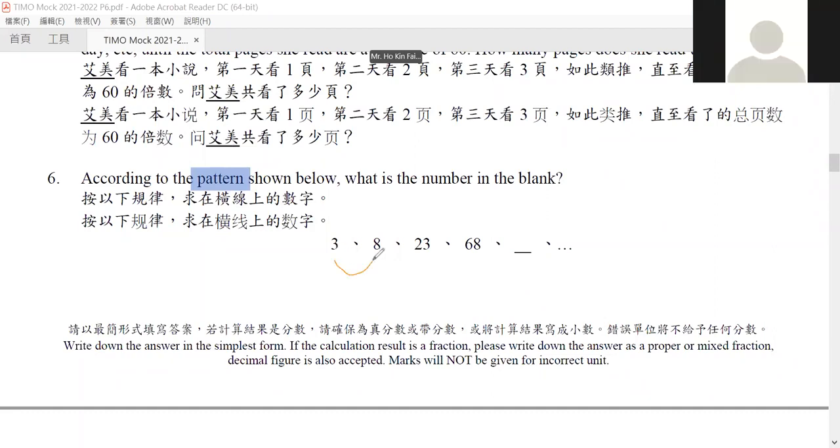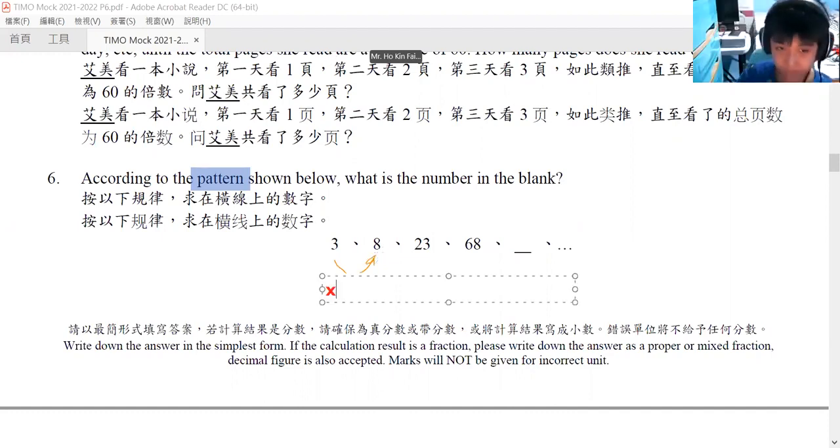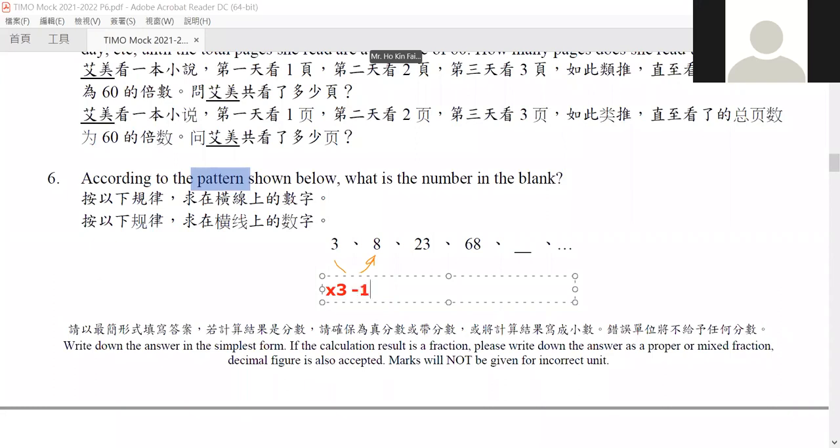From 3 to 8, we multiply by 3 and then minus 1. 3 multiplied by 3 minus 1 is equal to 8, and 8 multiplied by 3 minus 1 is equal to 23, and 23 multiplied by 3 minus 1 is equal to 68.